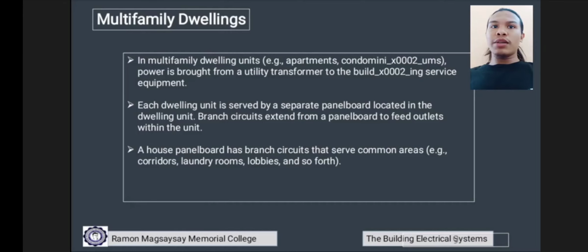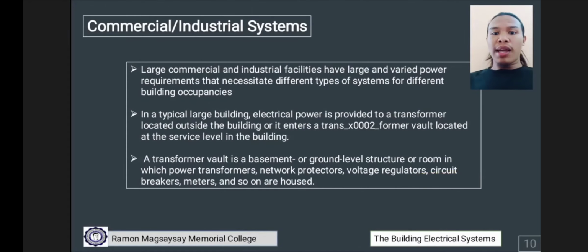Branch circuits extend from a panel board to feed outlets within the unit. A house panel board branches circuits to serve common areas, for example corridors, laundry rooms, lobbies, and so forth. Examples are an apartment building, row house, townhouse, condominium, or manufactured building.